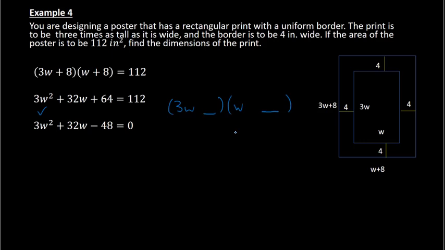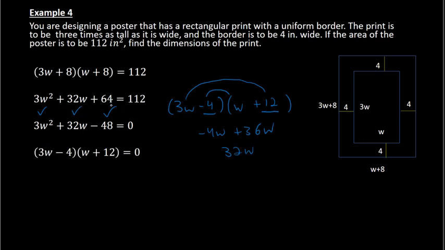And with some experimentation, we would find that if we put a negative 4 and a positive 12, that would multiply to get negative 48, and that would also give me the middle term of 32, because we have negative 4W, then 3W times 12 is 36W, which would add to get 32W. So that is how I factor the left side.